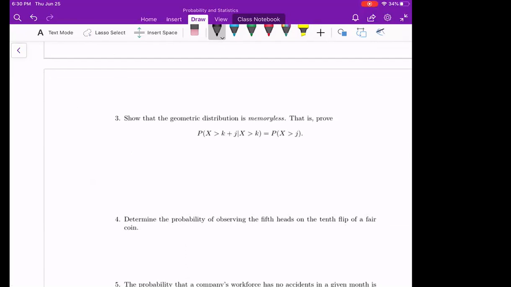So proving memorylessness is proving that the formula that I have below that, the conditional probability holds, that the probability of getting to k plus j, given that we are already at k, is just the probability of getting to j. So that's what we want to work through here.